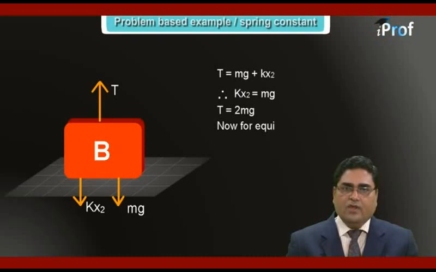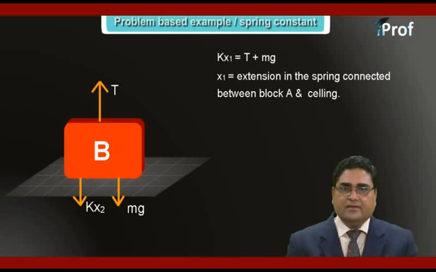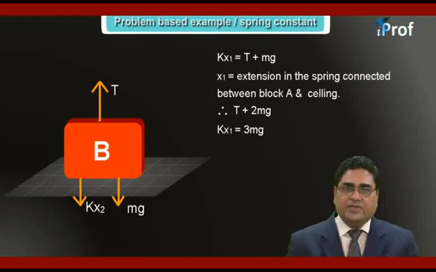Now, for equilibrium of block A, we can write Kx1 equal to T plus mg, where x1 is the extension in the spring connected between block A and the ceiling. Since T equal to 2mg, Kx1 equal to 3mg. So these are the values: Kx1 equal to 3mg, T equal to 2mg and Kx2 equal to mg.